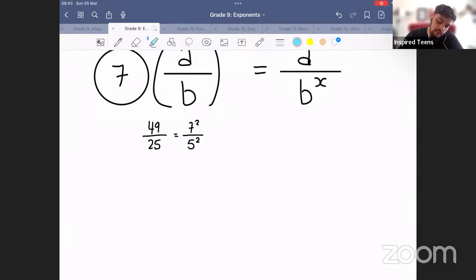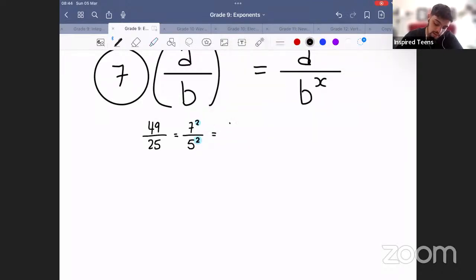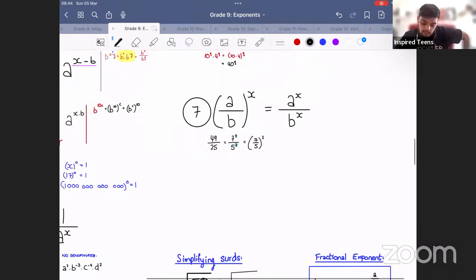Now, since they have the same exact power, they could actually be written as 7 over 5, all squared. Okay, so just keep that in mind.